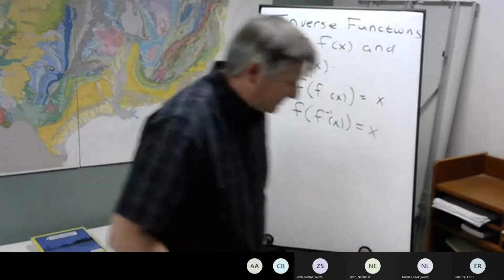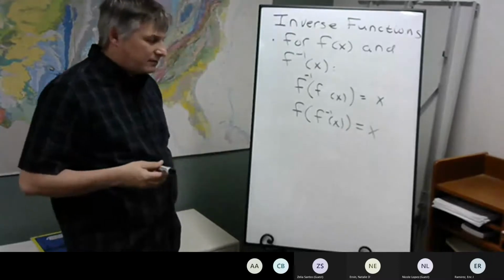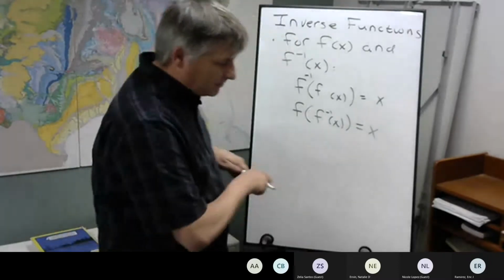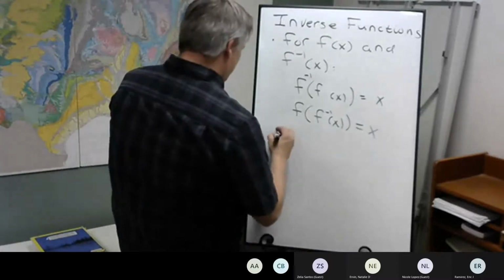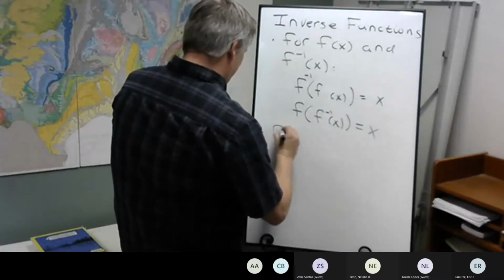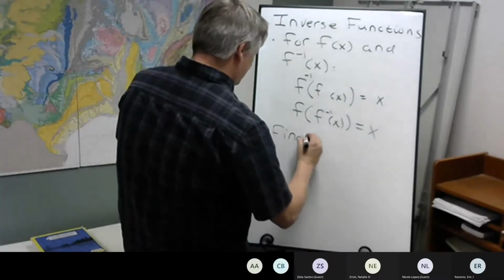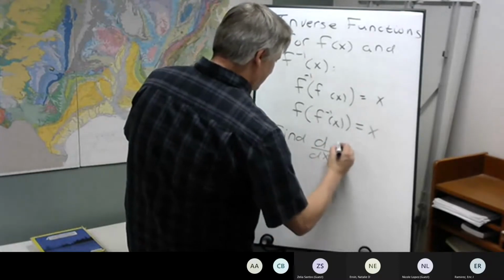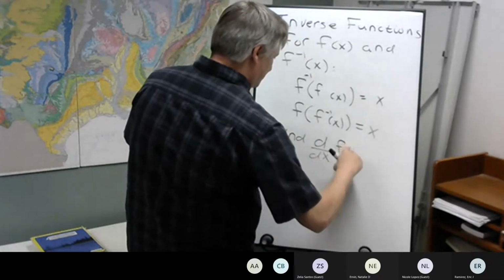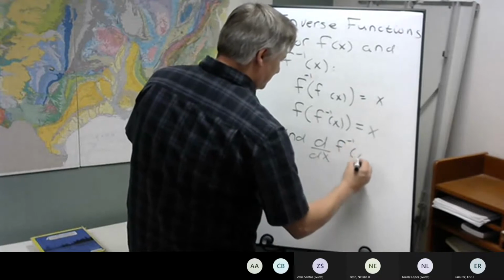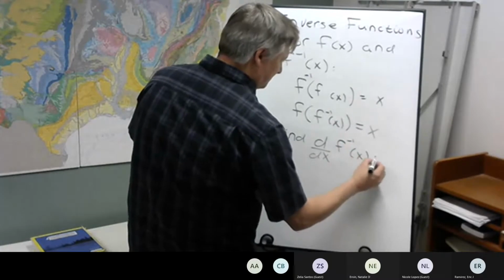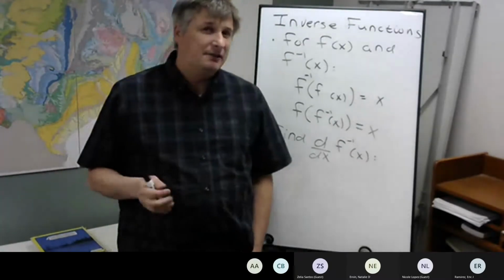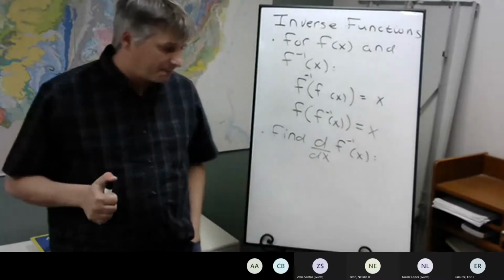So what we're going to do is this. We want to try to figure out the derivative of an inverse function. So we're going to find d/dx of f inverse of x. And what we're going to rely heavily on today is the chain rule.